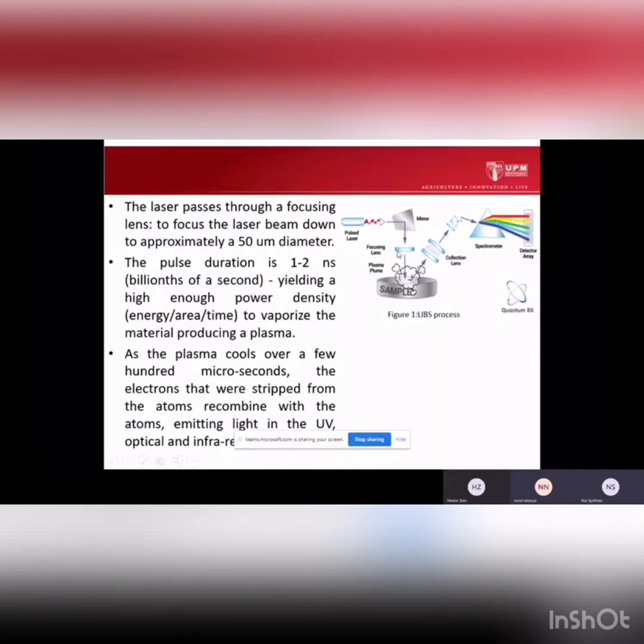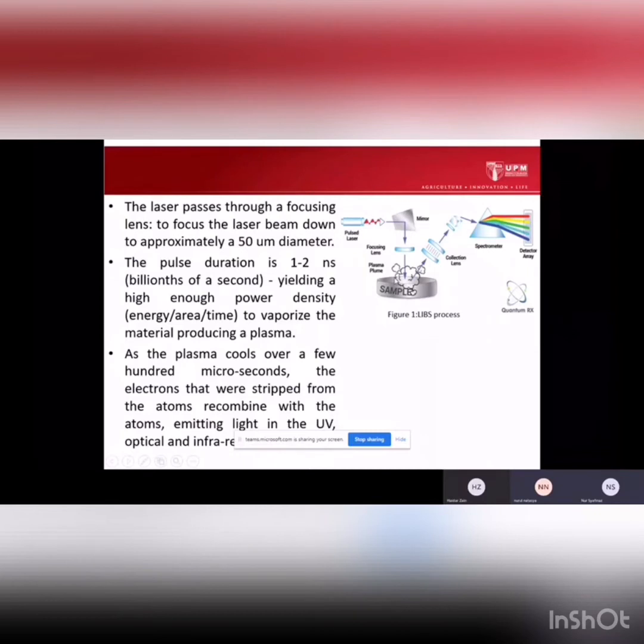The pulse duration is 1 to 2 nanoseconds, which is billionths of a second. It is very fast. Thus, it needs a high enough power density. The energy is very high and the time is very fast to vaporize the material, producing a plasma.